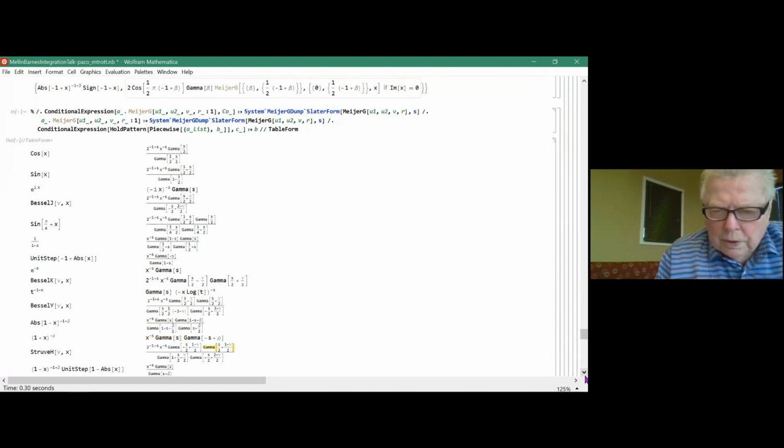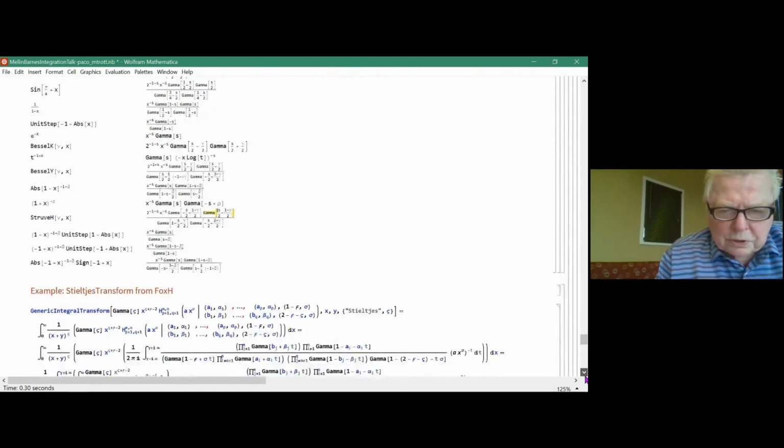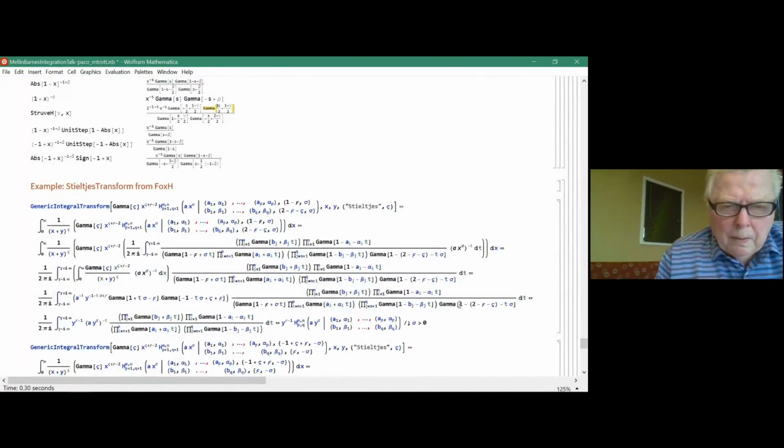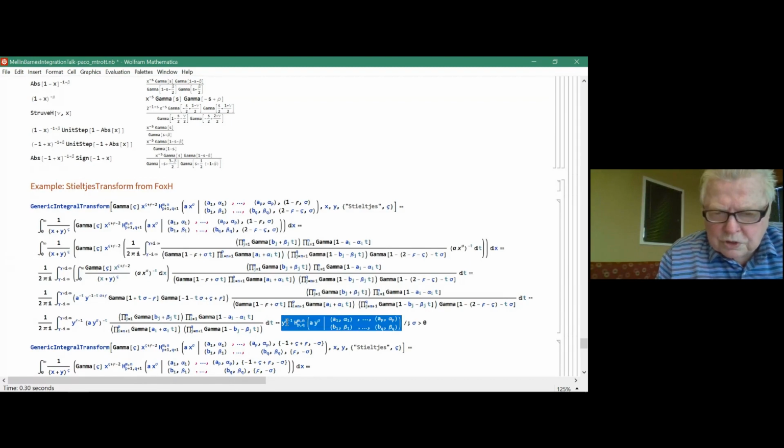And if you apply this Stieltjes transform, which we have already in our repository, to such a function, FoxH function, we get also FoxH function under condition sigma more than 0. It means that inverse Stieltjes transform from this is this result.